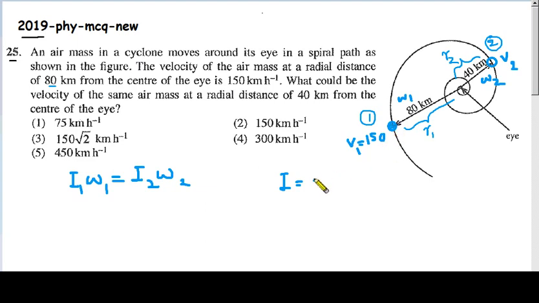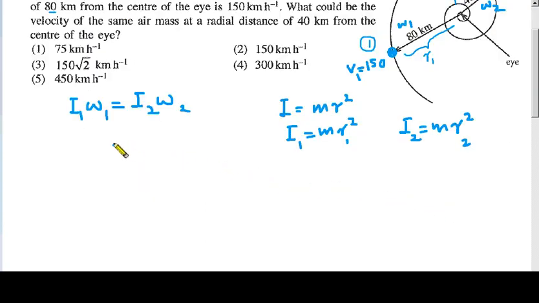For a point object, m r squared. Then I1 is m r1 squared, I2 is m r2 squared. When the distance changes, the moment of inertia also changes, therefore the mass is the same, m.